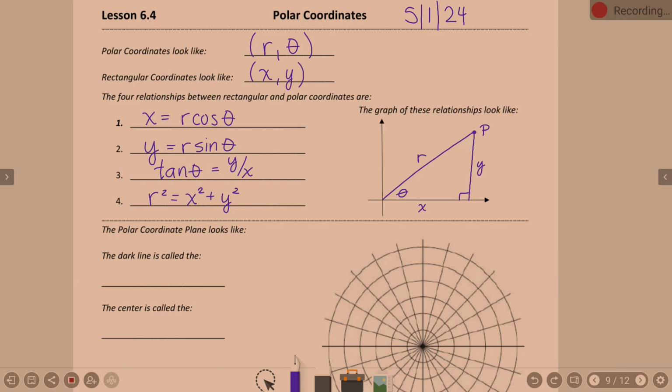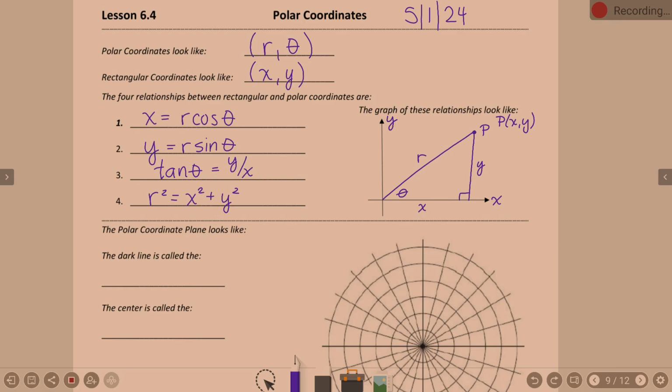In rectangular coordinates, this horizontal axis is my x-axis, and this vertical axis is my y-axis. Old news. And the point P would be the point x, comma, y.